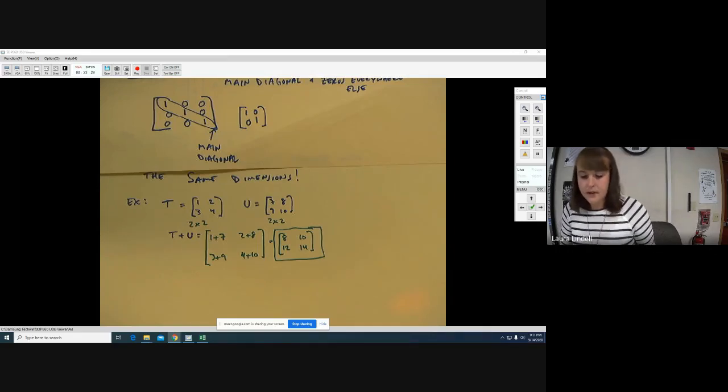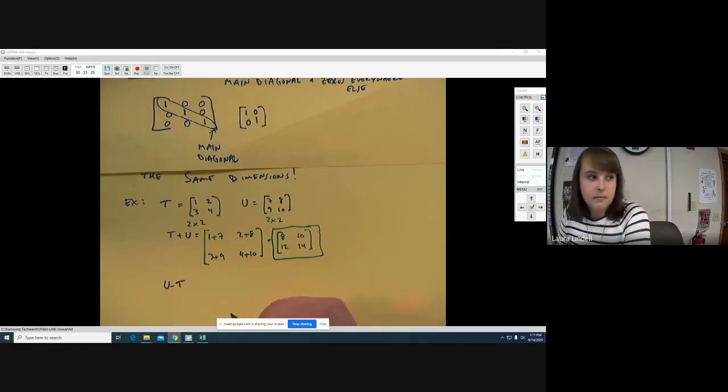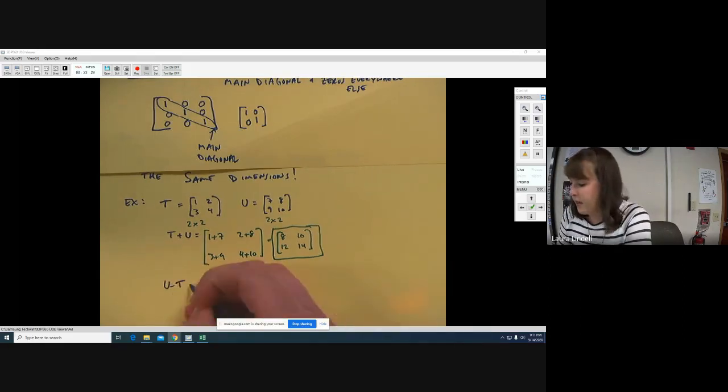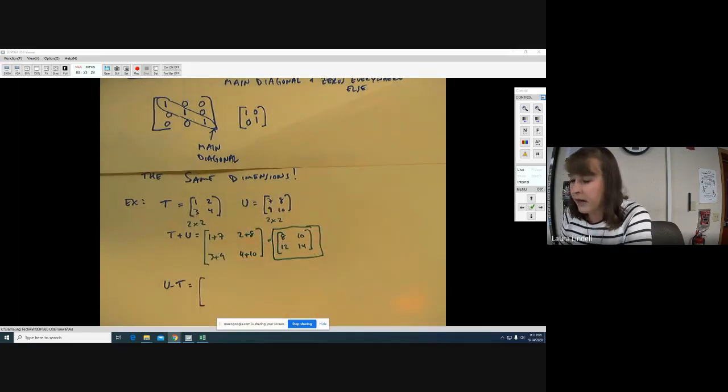Okay. You can also subtract. Let's go U minus T this time. And you would do it in very much the same fashion. You would take the top left corner here in U, and you would subtract the 1 from T. So you'd go 7 minus 1.